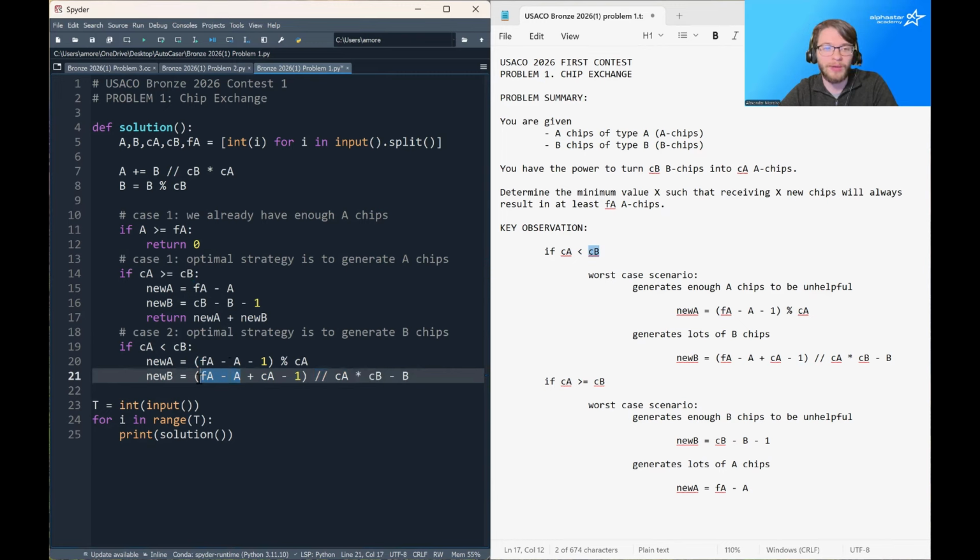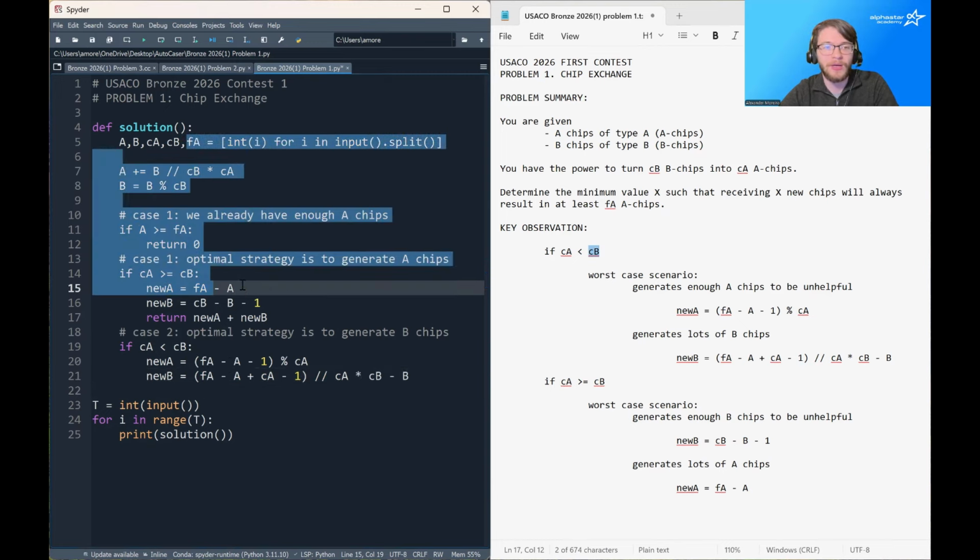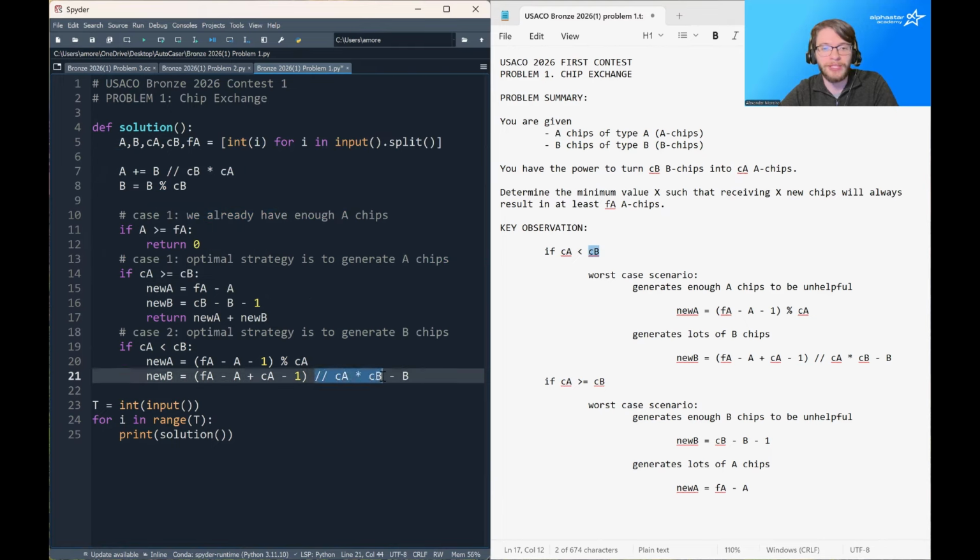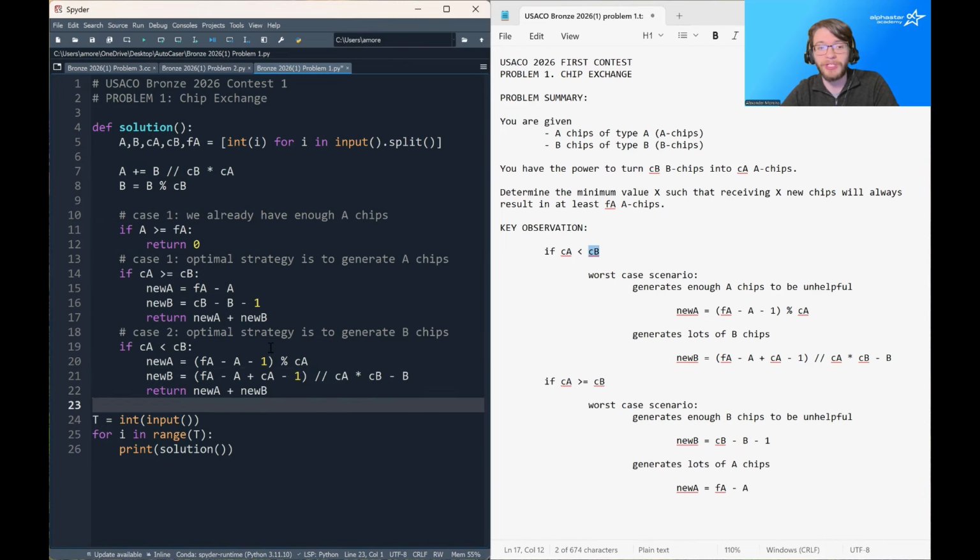You can see, again, we're primarily adding f of A chips, but then we're multiplying by this conversion ratio, which is going to be harmful to us in the sense that it's going to require us to use more chips to get to our goal. And then we, of course, have to remember to subtract off the amount of B chips we already have, just like we did in the other case. And that's pretty much it. We return new A plus new B, run the code, and it works perfectly.